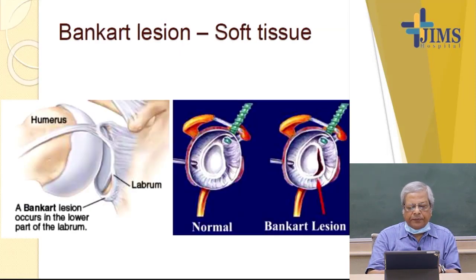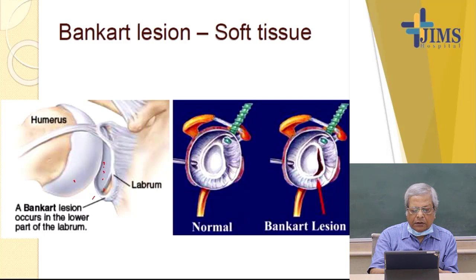Well, this is a diagram. This is the humeral head, and this is the glenoid. The glenoid is shallow, and this is the cartilage attached to the glenoid. This is called the glenoid labrum.